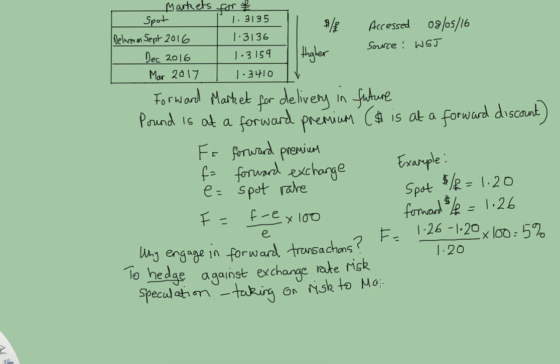And if we're going to speculate in the forward market, we have to form a belief about what we think the future spot rate is going to be. So the future spot rate is the rate that will prevail, the spot rate on the day that the forward contract comes due.